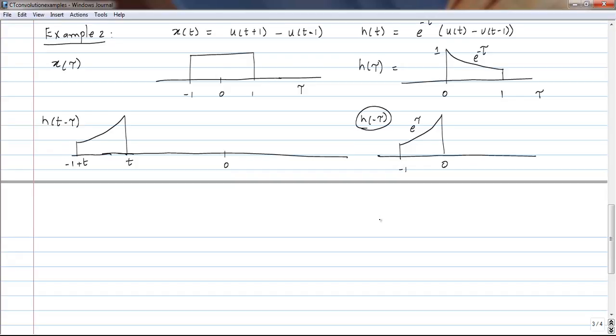So I'm shifting it by smaller amounts to the left, and then this whole curve moves to the right. At some point this is going to start to overlap with this, and that's going to occur when t is equal to minus 1, right? When t is equal to minus 1, h of t minus tau, or h of minus 1 minus tau, is going to look like this.